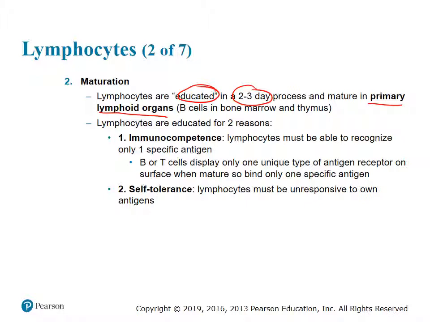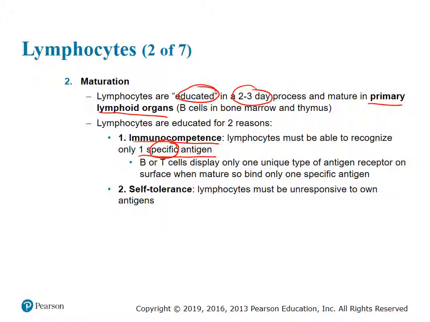We talked about the adaptive immune system involving exposure, and this occurs even in maturation, where the B and T lymphocytes are educated through exposure. And when we take a look at immunocompetency, we see that the lymphocytes have to be able to recognize only one specific antigen, because the key word in all of the adaptive immune system is specificity.